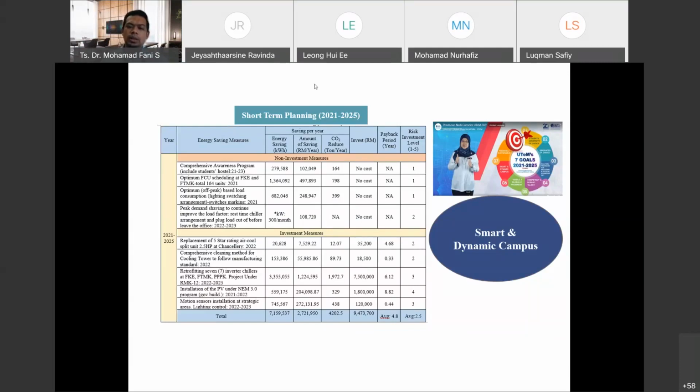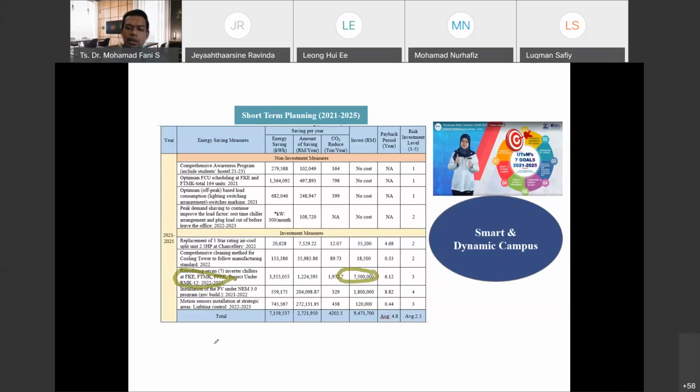Okay, so within these 5 years, we have target to spend for the high cost measure for about 7.5 million under the RMK 12 to retrofitting for the inverter chiller in FKE, FTMK, PPK.